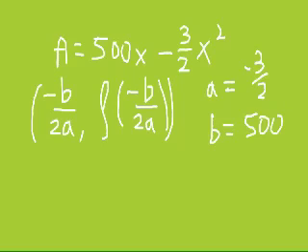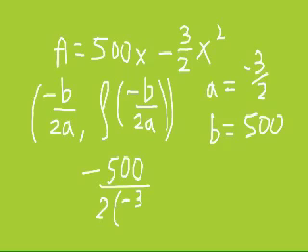So if we want to find the vertex, we take negative b, in other words negative 500, divided by 2 times negative 3 halves.